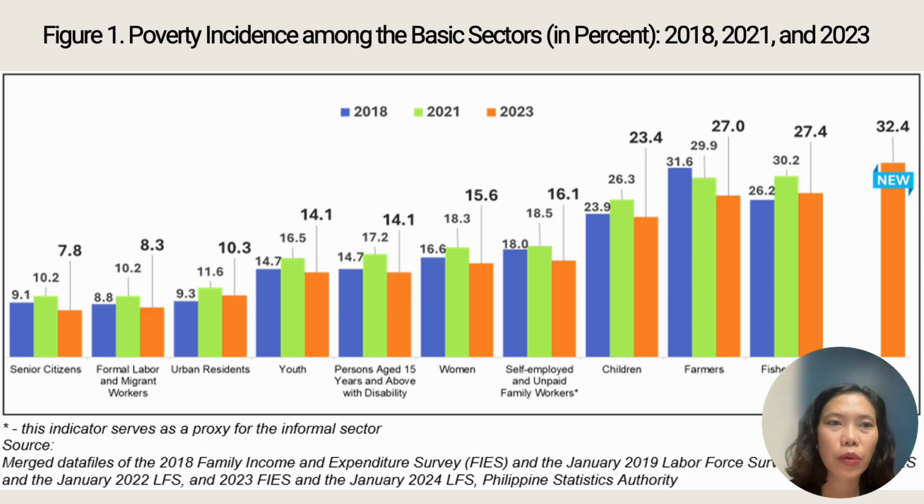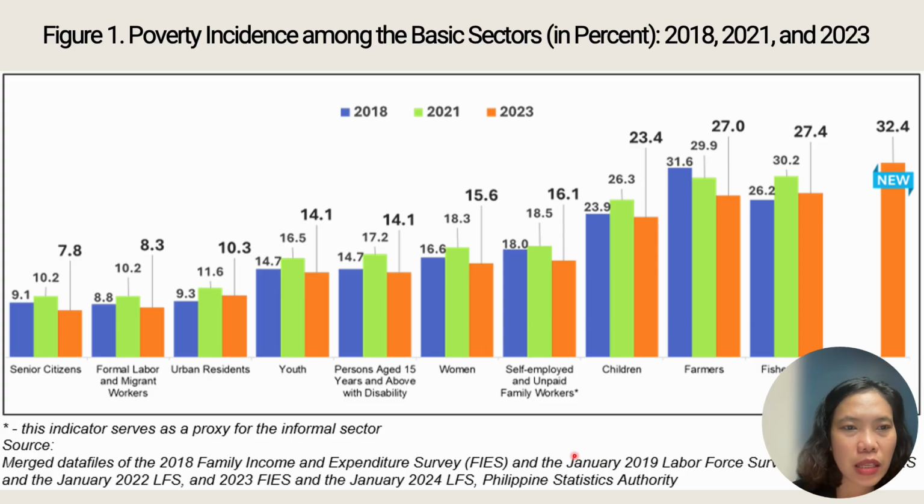So we have here figure one, poverty incidence among the basic sectors in 2018, 2021, and 2023. As you can see, there are indicators of different sectors, different status of people in the community.